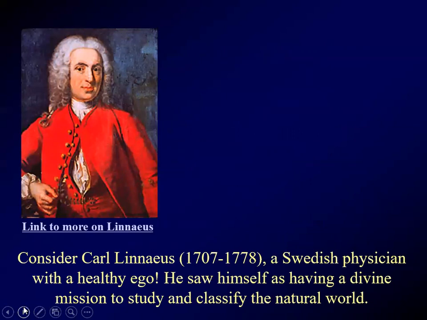Carl Linnaeus was a Swedish physician who had an ego that would not fit through double doors. He literally saw himself as being on a divine mission from God, as they say in the Blues Brothers, in that Chicago accent. They're on a mission from God. And Linnaeus was on a mission from God to study the natural world and classify all of it.